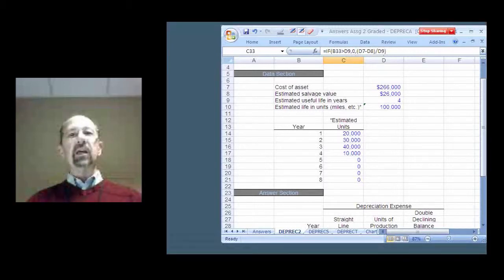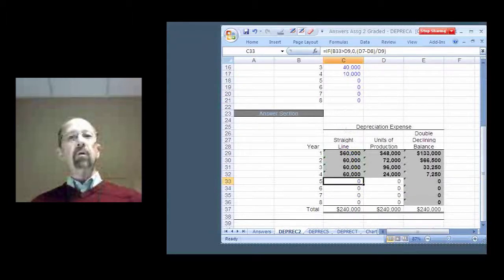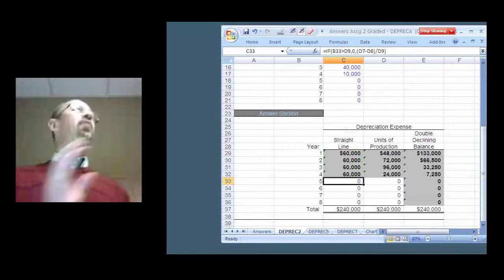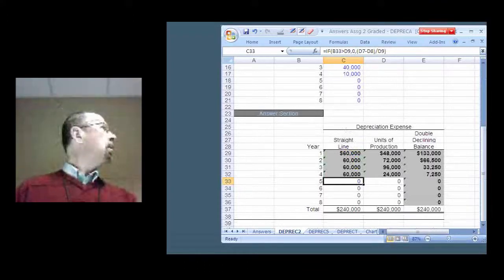And then it says take D7, which is the total asset, minus D8, which is the salvage value, these two things here, and then divide by the number of years. So an if statement says, if this is true, put down 0. If it is not true, then calculate these numbers.